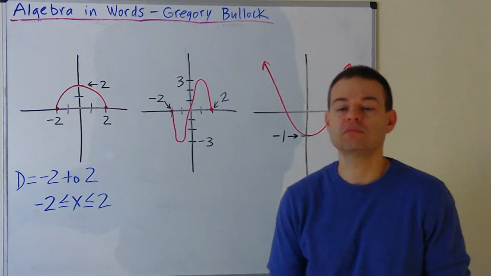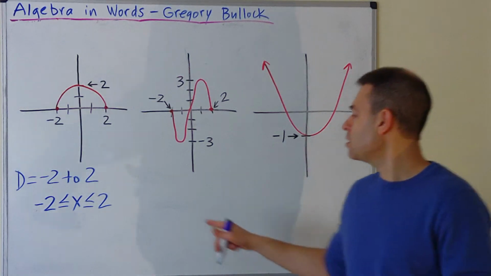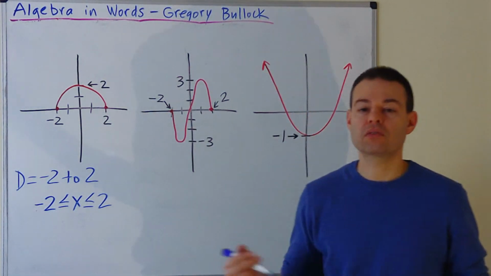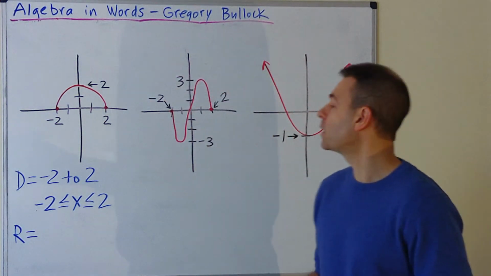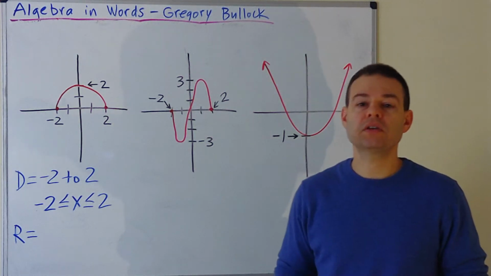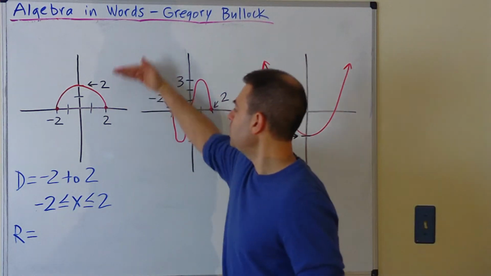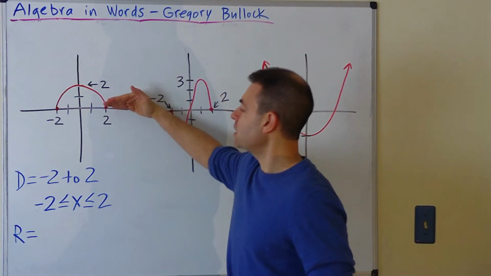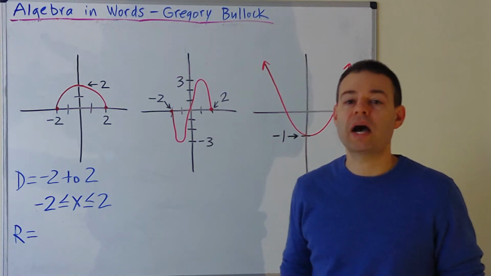Okay, so I think I'm rambling on a little bit more than I need to about that. But anyway, let's also now apply the same thing to the range. Okay, and now when we're looking at range, we're only looking at the vertical aspect of the graph. So only up and down. Okay, so starting here at the lower portion, what is the lowest value of y here?